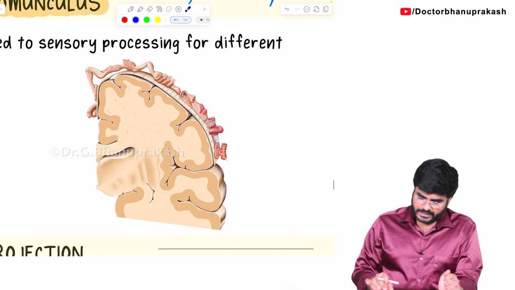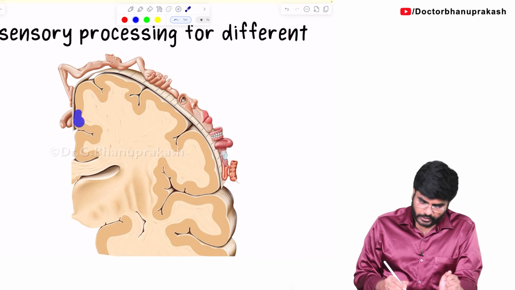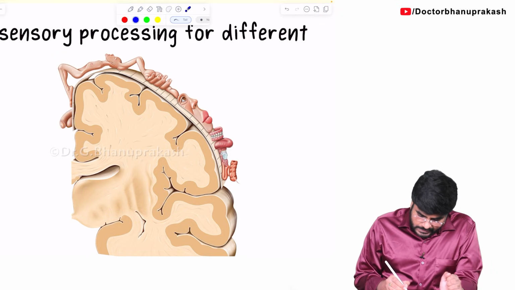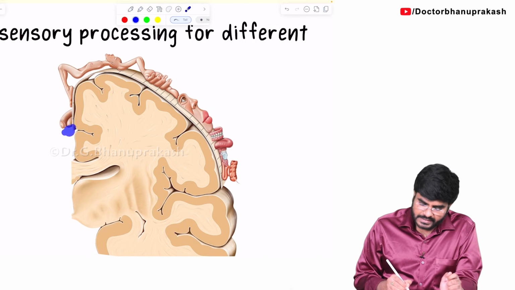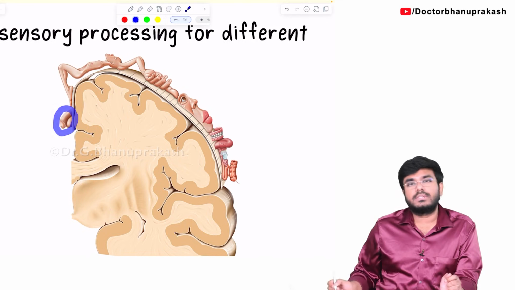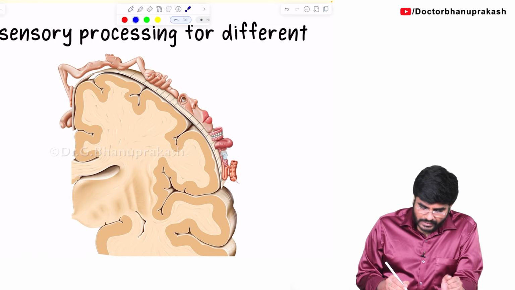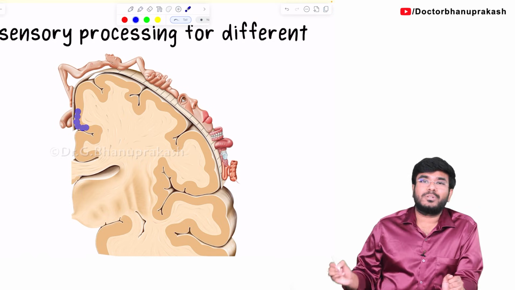Now what am I representing? Let's say in this area of the somatosensory cortex, here I am representing the genitals. Which means this area of the somatosensory cortex is receiving the sensation from the genitals. So if someone is touching the genital region, or if any stimulation is going on there, all the sensations will come to this part of the somatosensory cortex.